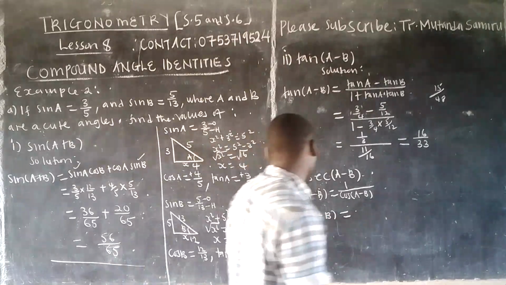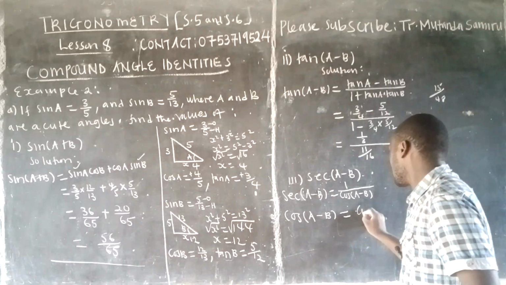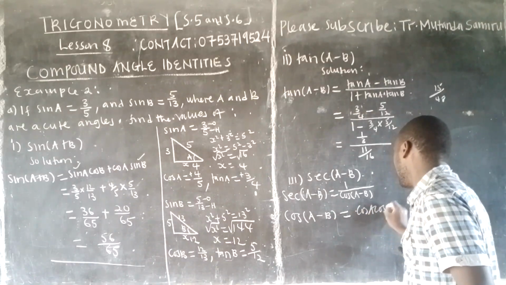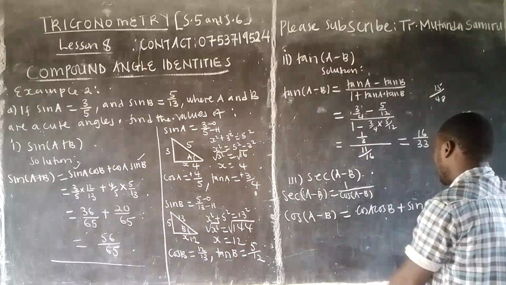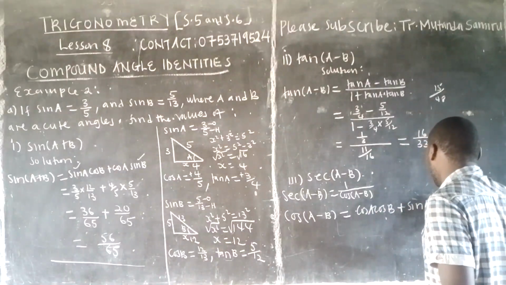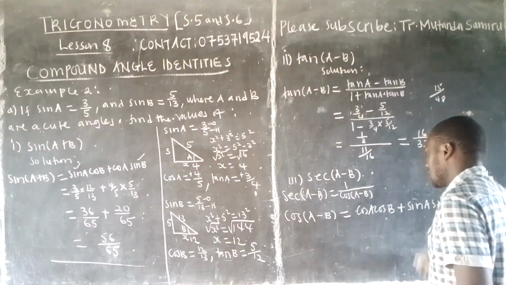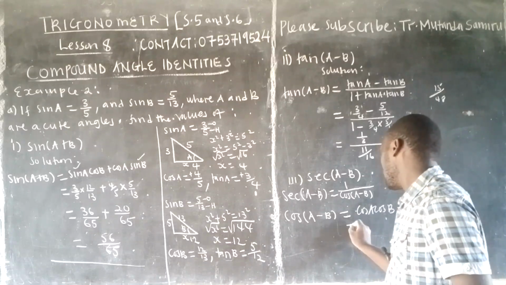This will be equal to cos A cos B plus sin A sin B. If it's a minus here, put a plus. So therefore, what we're going to do here is, you now come and substitute.